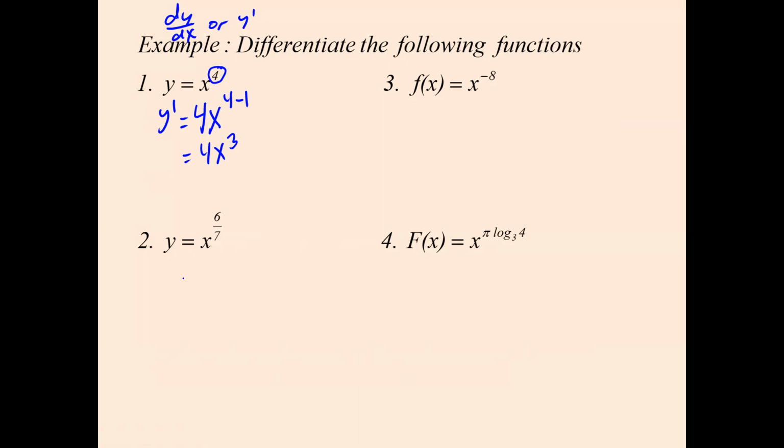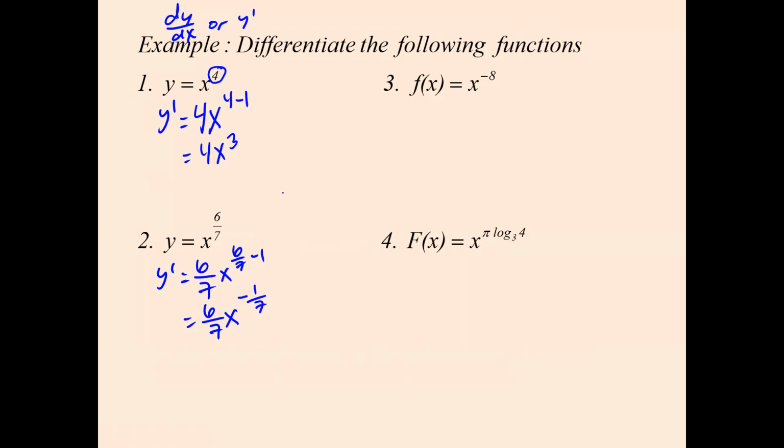Next, we have y is equal to x raised to 6 over 7. So y prime is equal to 6 over 7 x raised to 6 over 7 minus 1. So we have 6 over 7 times x raised to negative 1 over 7.